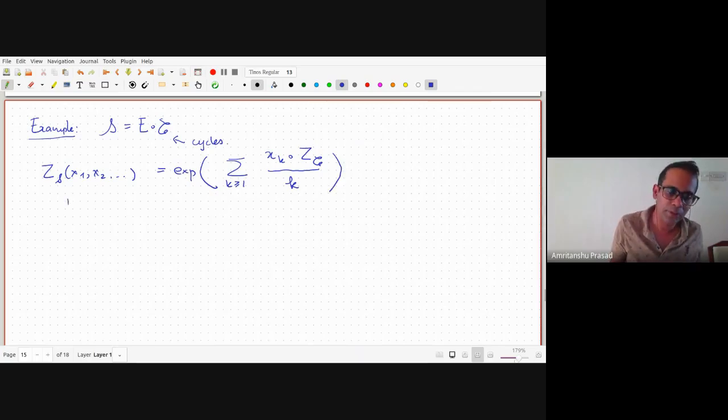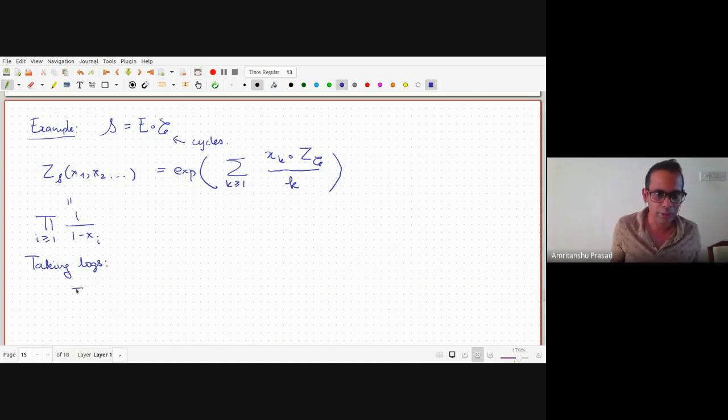But this we know is the product over i greater than or equal to 1 of 1 over 1 minus xi. You take logs. This is an exercise in the book actually. I really loved it.